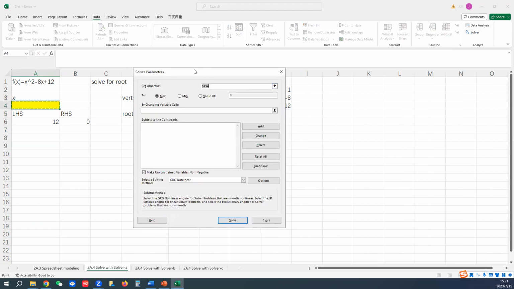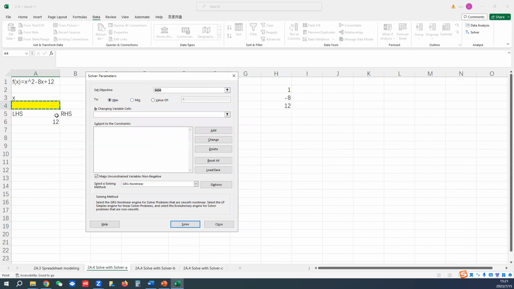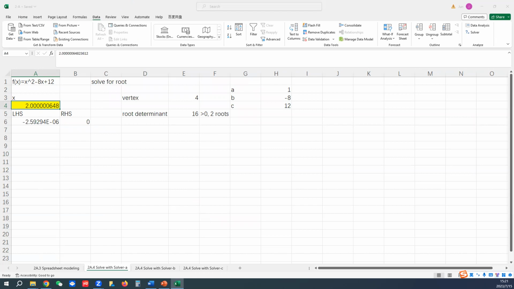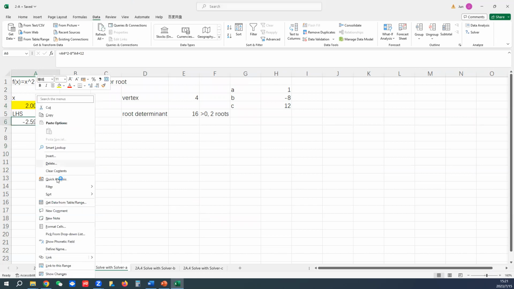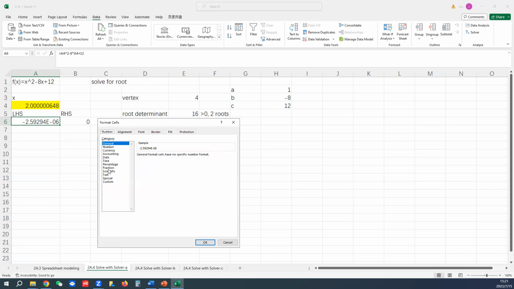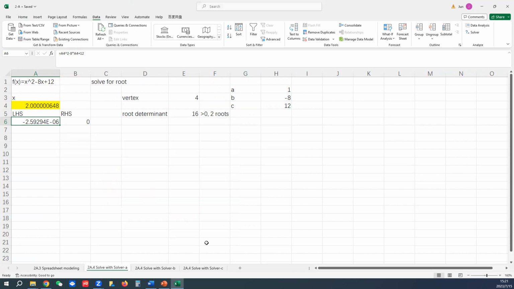So here, in solver, we need to set the objective, which is the left-hand side, the value of the function, to be equal to 0 by changing the value of x. Okay, and here the result is 2. For my cells, let's change that into just number.